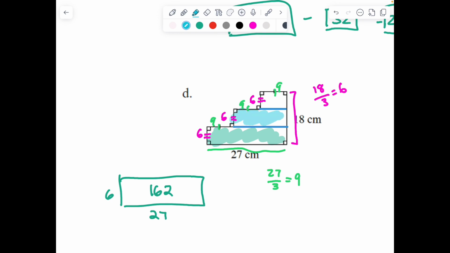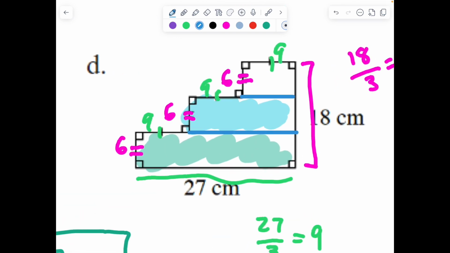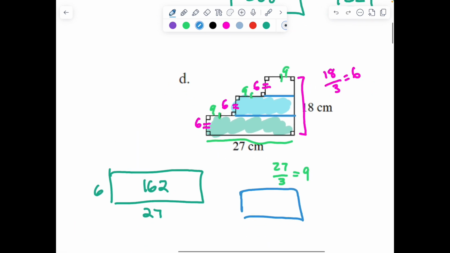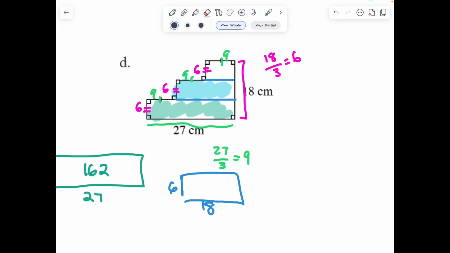I'm going to highlight the second rectangle blue. This one, it is not 27. It will have 27 with 9 taken away from it. So 27 minus 9 is 18, so it has a side length of 18. And it also has a height of 6, again, just like the other one.